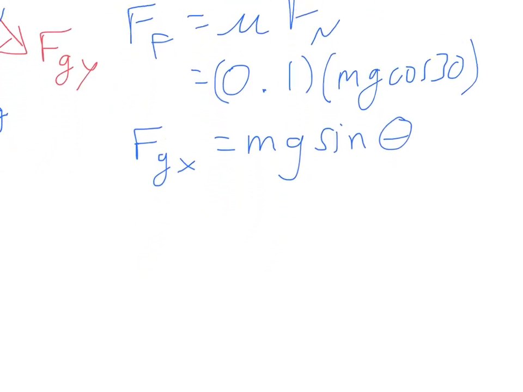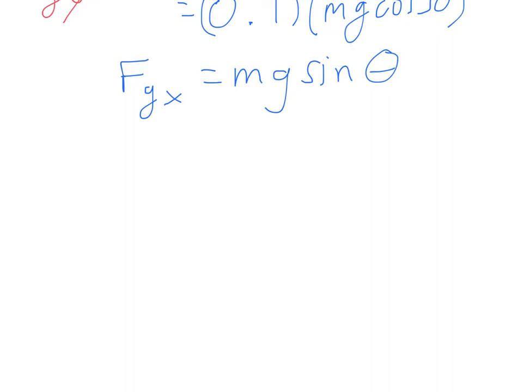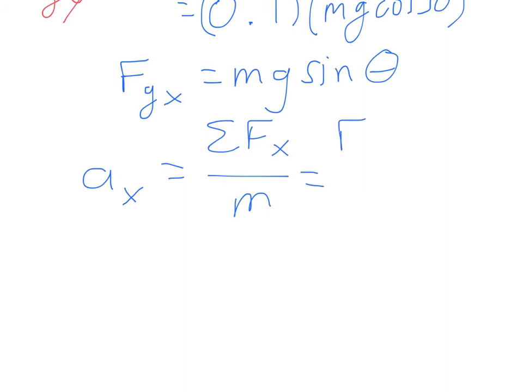Now to figure out acceleration, we're always going to use Newton's second law, which is acceleration is equal to the net force divided by the mass. In this case, we're just worried about acceleration in the x direction, so we need to know the net force in the x direction. That net force is going to be FGX, the force down the hill, minus the friction force holding it back up the hill, and then divide by m.